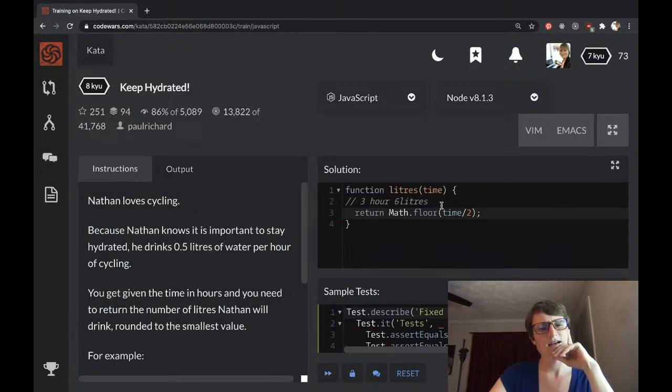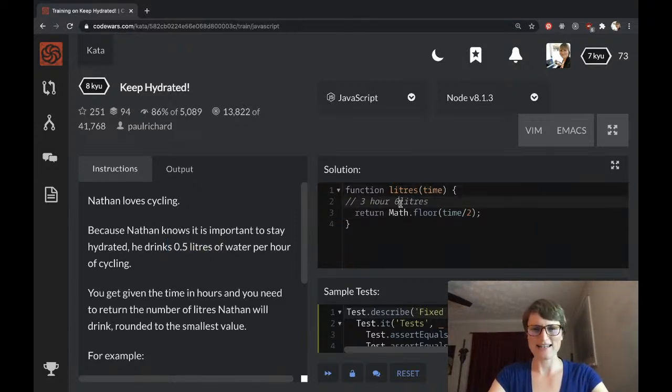Because he drinks half a liter per hour of cycling. So 1 per 2 hours. Oh, it's the opposite. I'm saying 2 liters per hour. It's the opposite. That's why I got it switched around. So in 2 hours, 1 liter. So it's divided. So it's half instead of double.